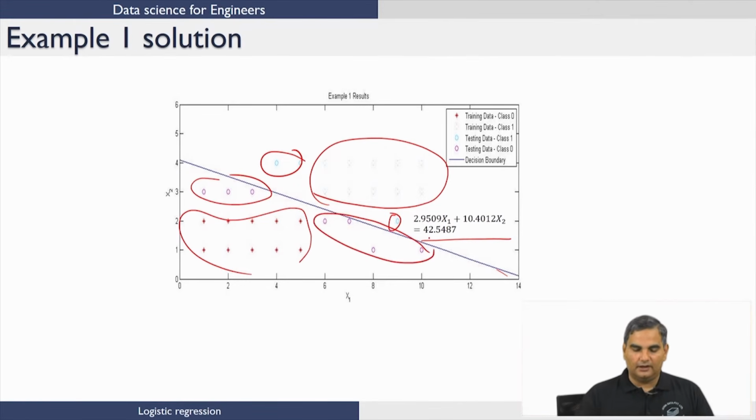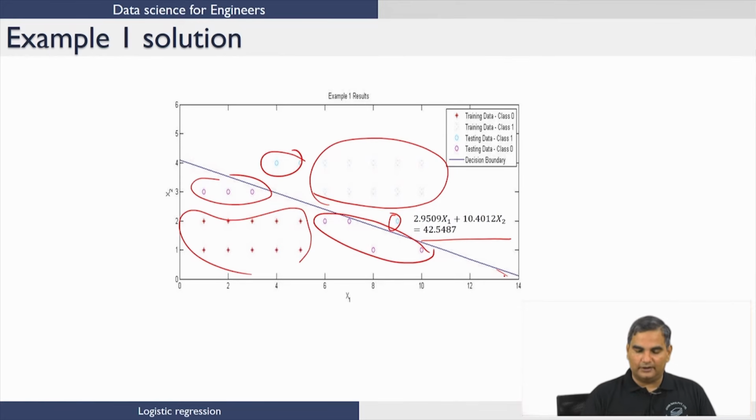You can see that in this case everything seems to be working well, but as I said before, you can look at results like this in 2 dimensions quite easily. However, when there are multiple dimensions, it is very difficult to visualize where the data point lies and so on. Nonetheless, it gives you an idea of what logistic regression is doing.